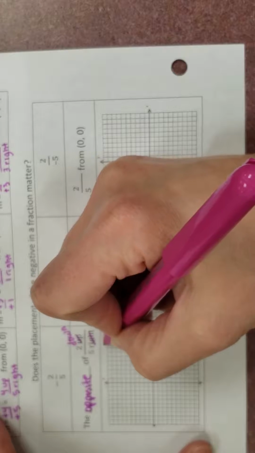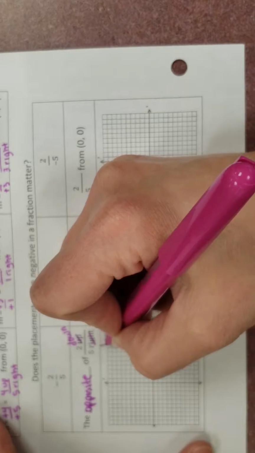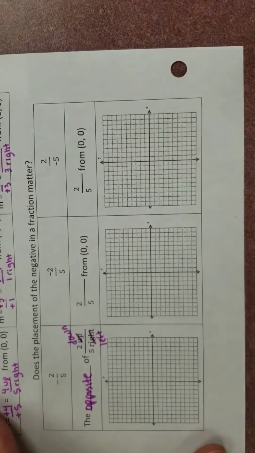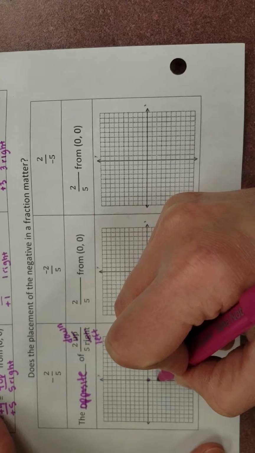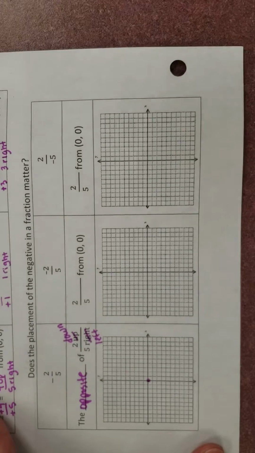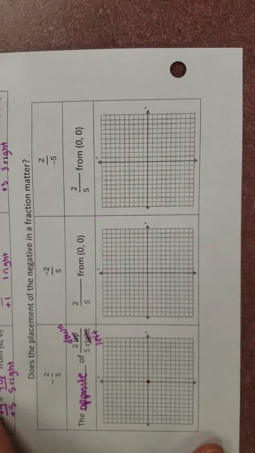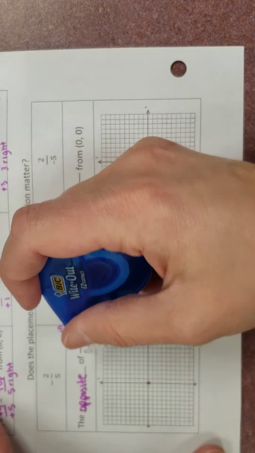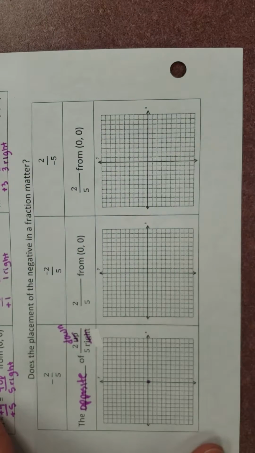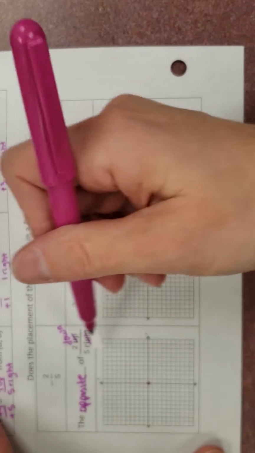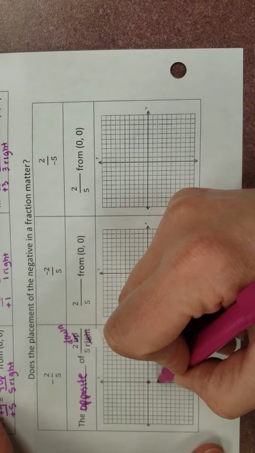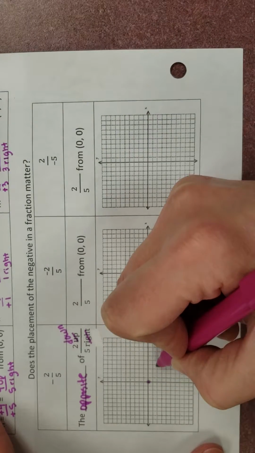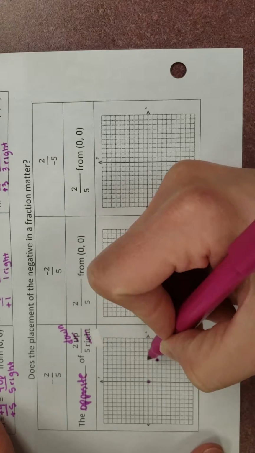Instead of going 5 right, go 5 left from the origin. 2 down. Oops, made a mistake there. Change one or the other, but not both. Because by changing both, I just created a negative over a negative, which is a positive. So, sorry. So 2 down over 5. 1, 2, 3, 4, 5.